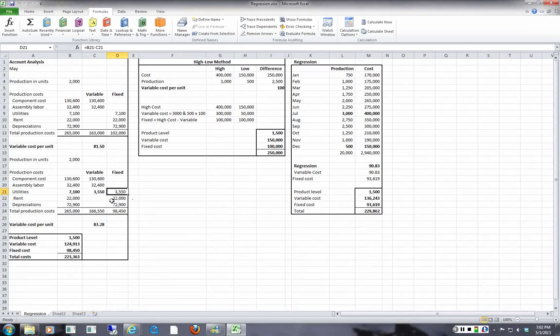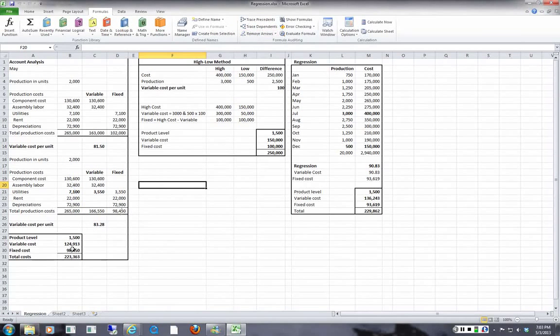Then they say, okay, now all the rest of it's fixed. So now the total variable cost is $166,550 and $98,450 is fixed. So now we divide that variable cost of $166,550 by the 2,000, and we get a little higher, $83.28 of variable cost.